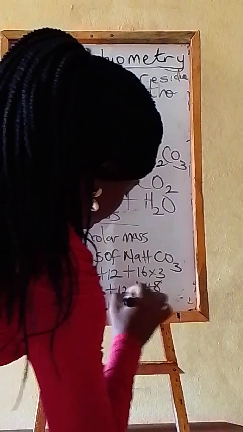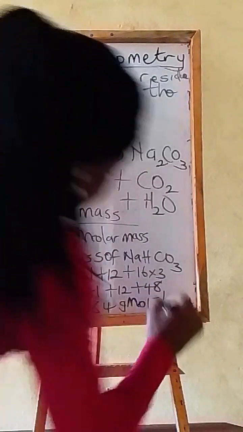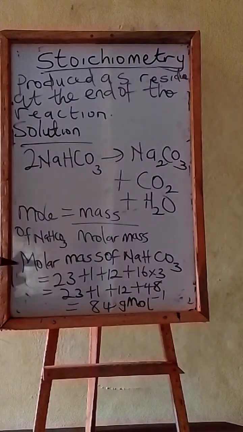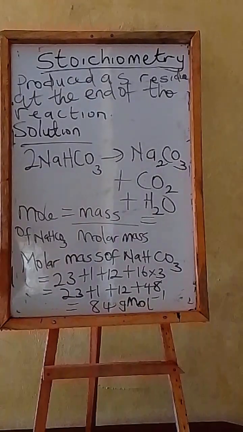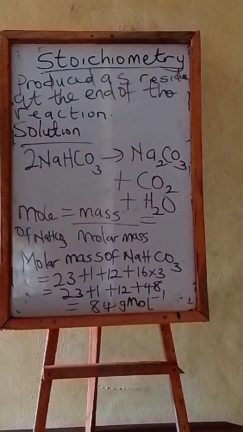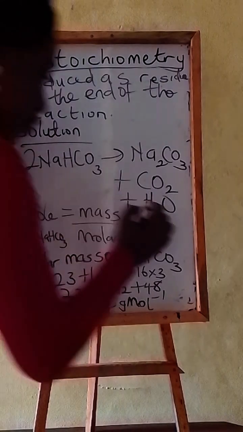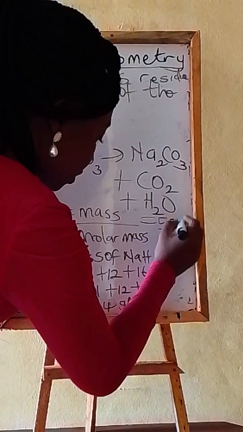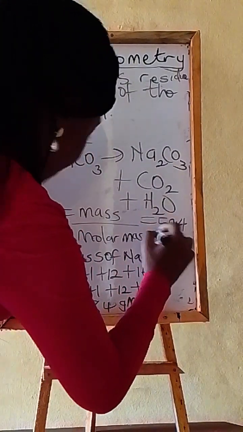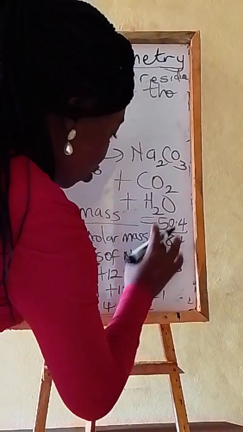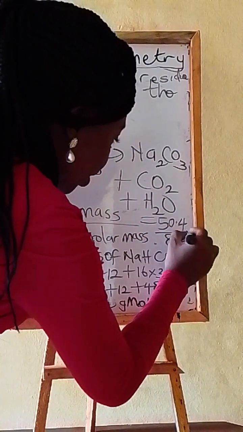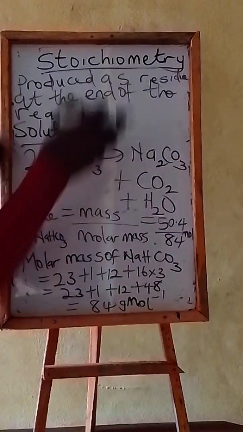So we have 84 grams per mole. When we are done with this, we now calculate the mole: the mass is 50.4, you divide it by 84. The answer will be a mole.